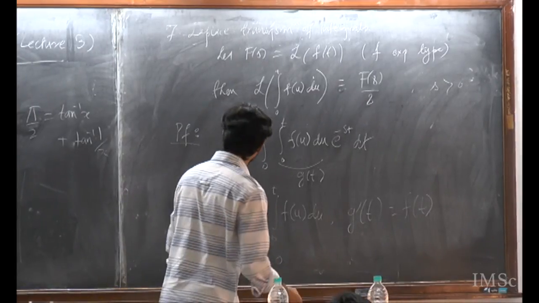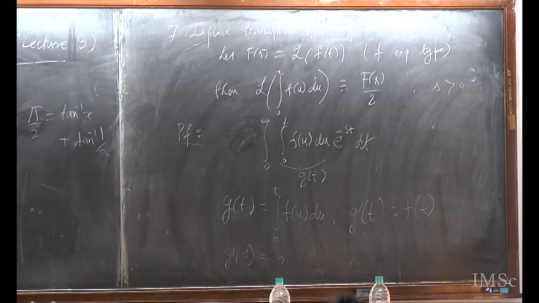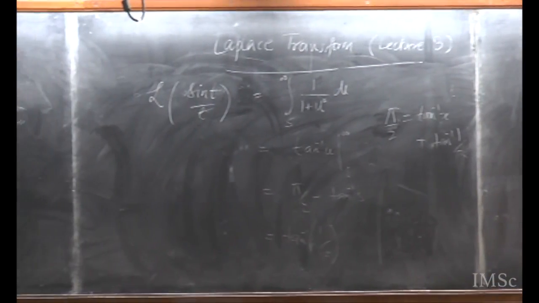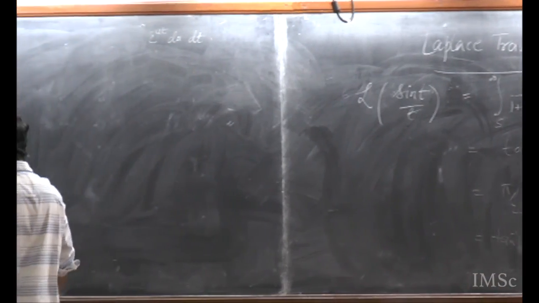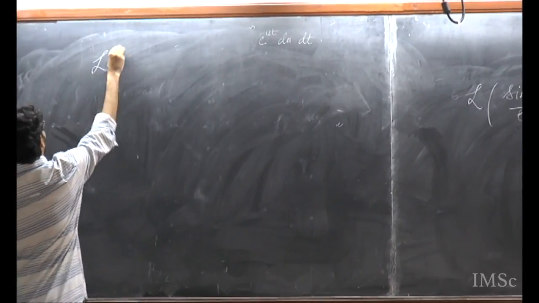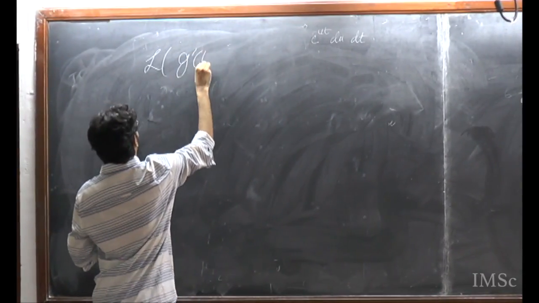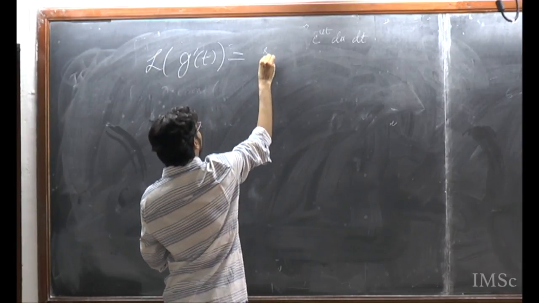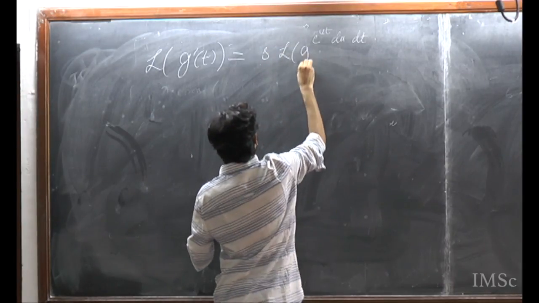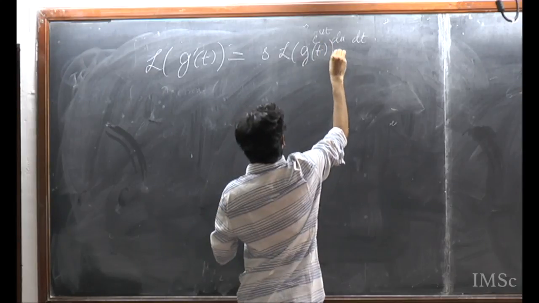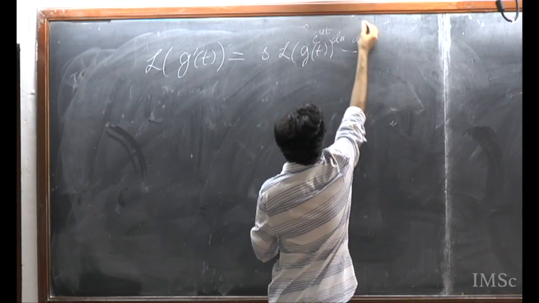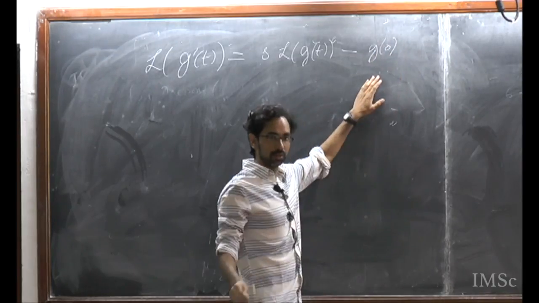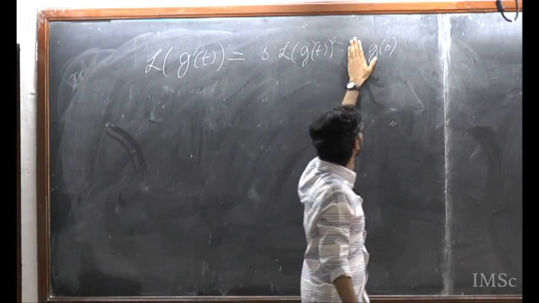So now we use the formula for the derivative on g. So the Laplace transform of the derivative g prime t is what? s times the Laplace transform of g(t) minus g(0). What is g(0)? 0.